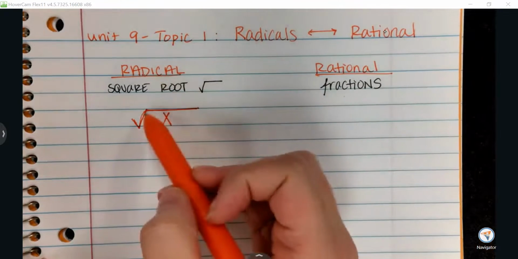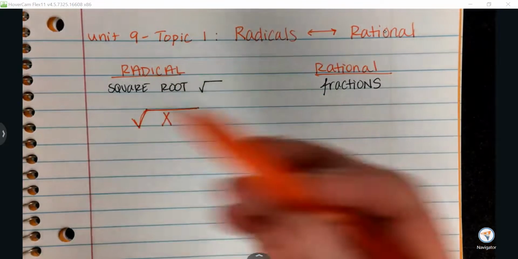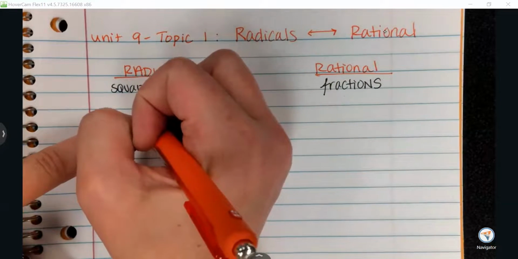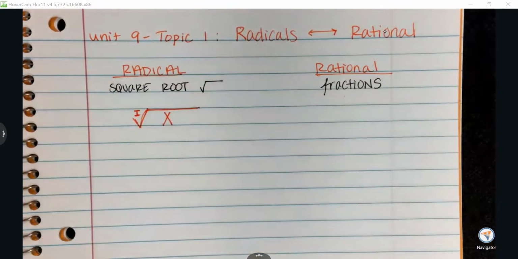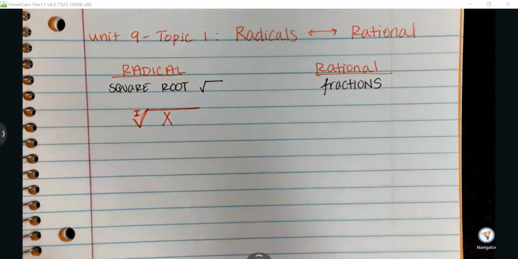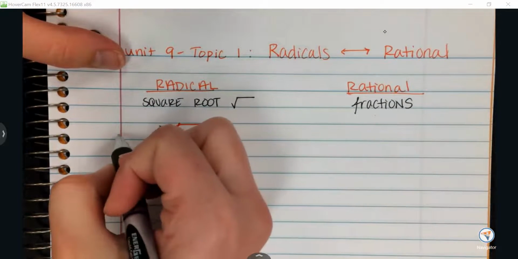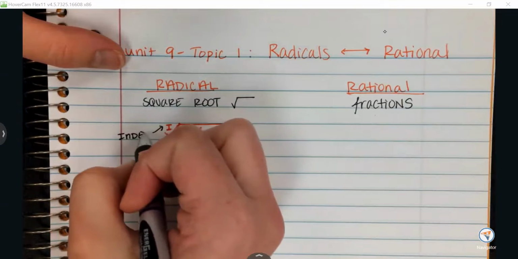So if there's no number, it's automatically 2, a square root. The number that goes right here starts with an I and is called the index.